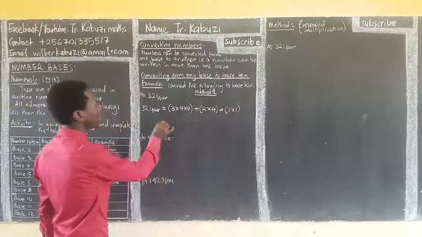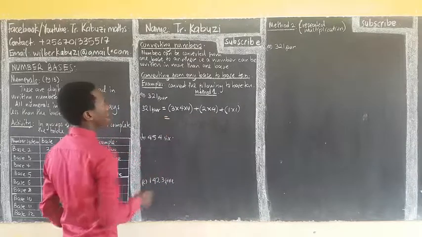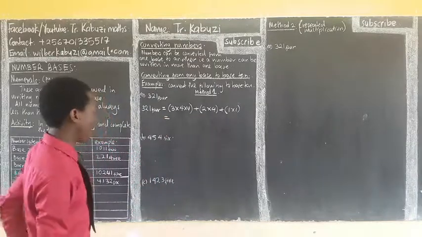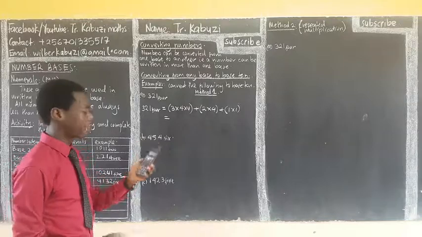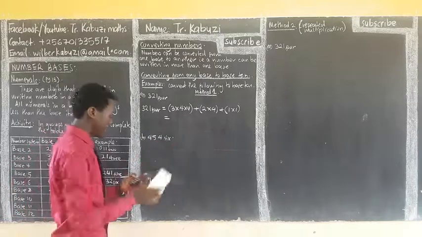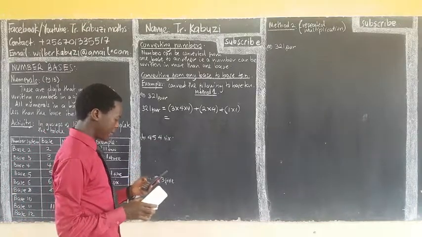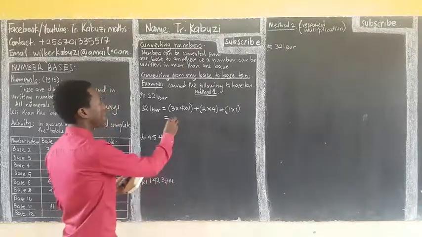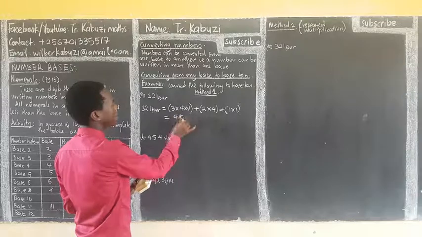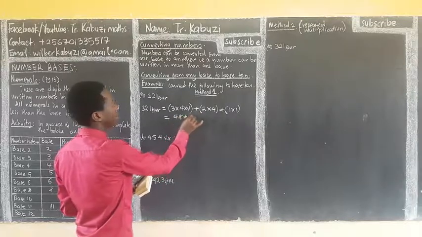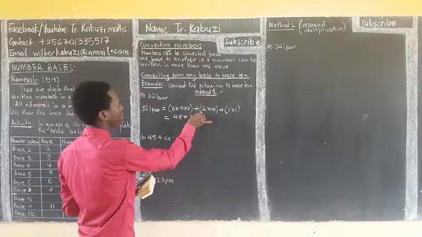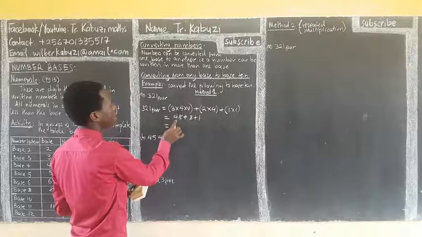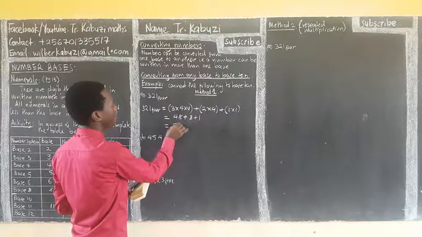And then when you put this on your calculator, I want you to get these calculators, please. I'm going to go slow. So here I'm having 48, then plus 8, then plus 1. And the answer we are getting there is 57.